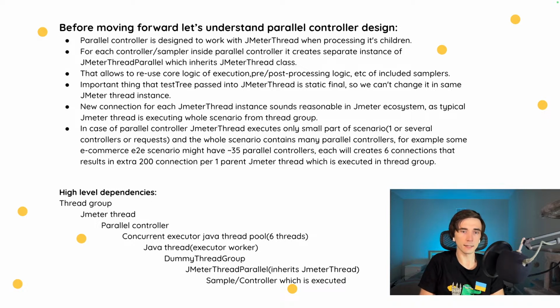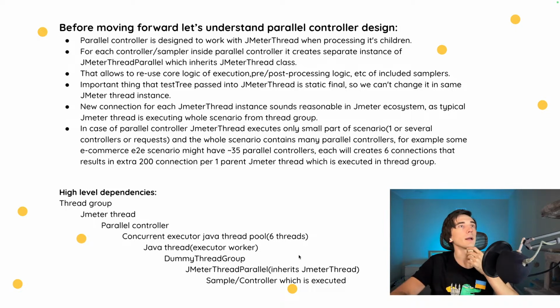But on the other hand, it really simplifies the implementation, because currently the parallel controller is able to execute whatever you can put in JMeter. It doesn't care whether you place an HTTP request or controller or JSR 223 sampler with some code or listeners, it will execute anything because it's just a regular JMeter thread.